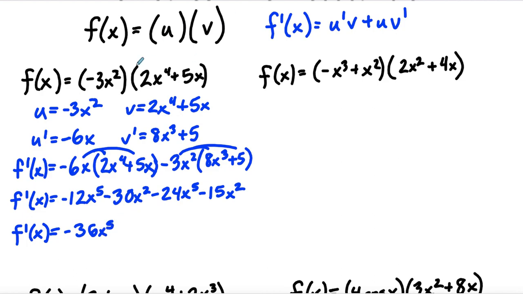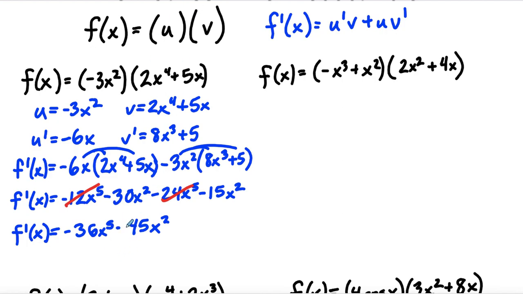And if you want, you can cross these out after you combine, but you don't have to in a simpler one like this. When you have more terms, it might be easier. Negative 30x squared minus 15x squared leaves me with minus 45x squared. And now I'm done with this one.